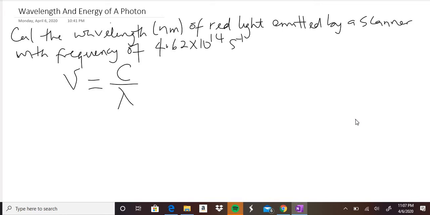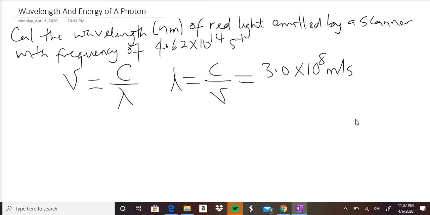And the wavelength is gonna be the speed of light c over the frequency. Our speed of light is 3.0 times 10 to the power 8 meter per second.